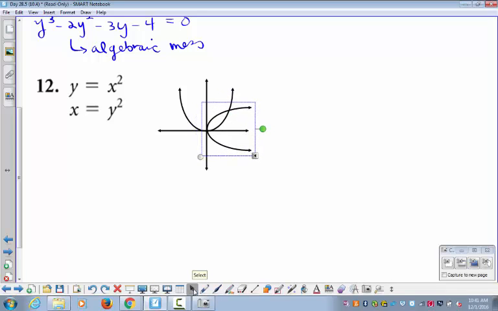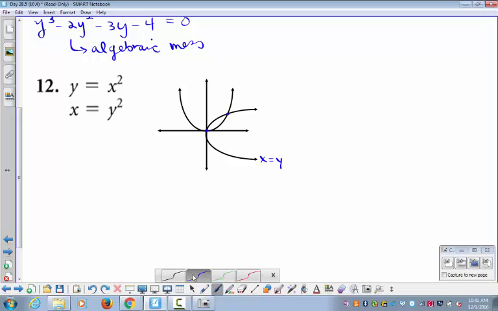That would be something like that. And we should get two solutions, sorry, two. We see 2 points where they intersect, there and there. This one is x equals y squared. This one is y equals x squared.